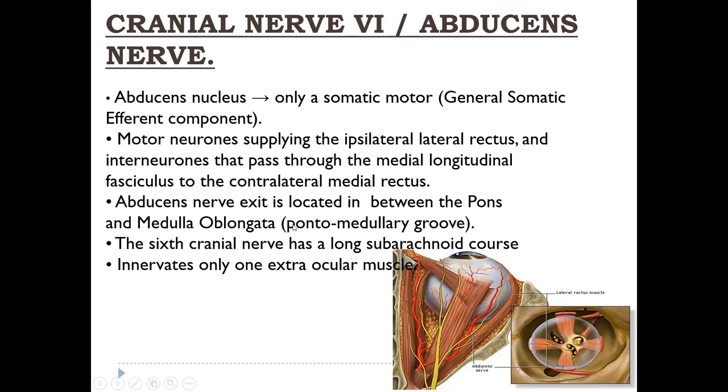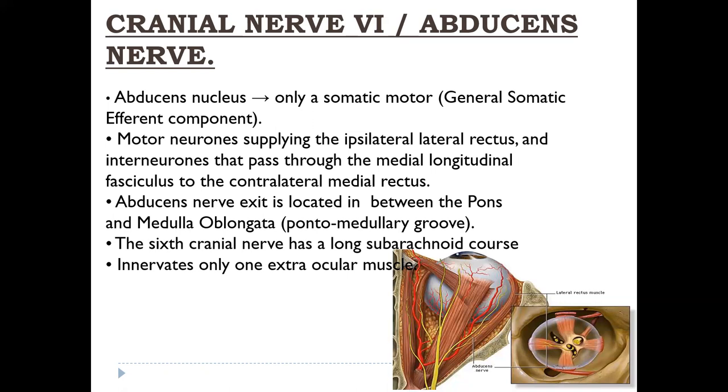One feature is that it passes out medially through the pontomedullary groove. So it passes in the pontomedullary groove, and the most medial nerve which passes from that groove is this abducent nerve. Now, this abducens nerve might have a long course, as it passes through the cavernous sinus again, just like the trochlear and the oculomotor nerves, which also pass through the cavernous sinus.